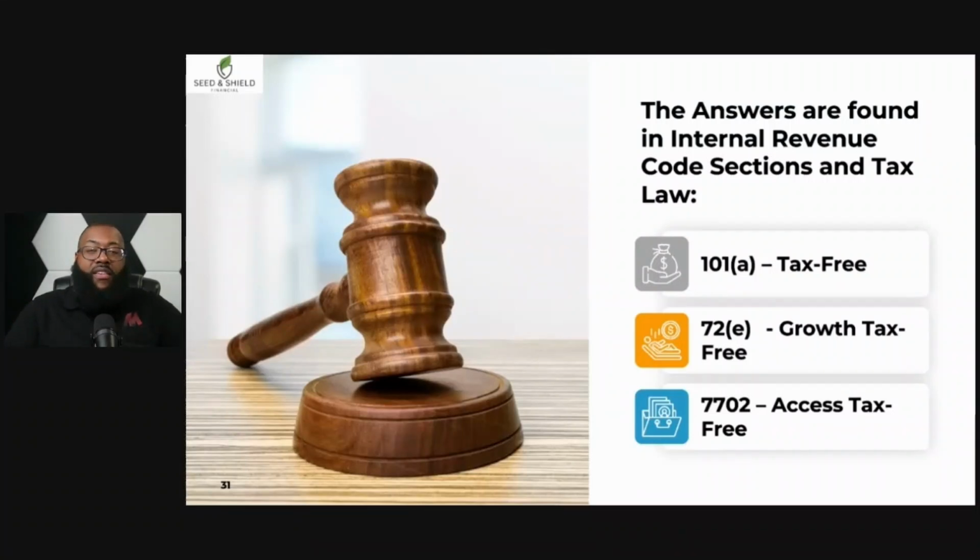The first one is Tax Code 101A, which allows for an insurance contract to have a death benefit which is 100% tax-free. Now, why would the government want a death benefit to be tax-free? The answer is kind of simple.